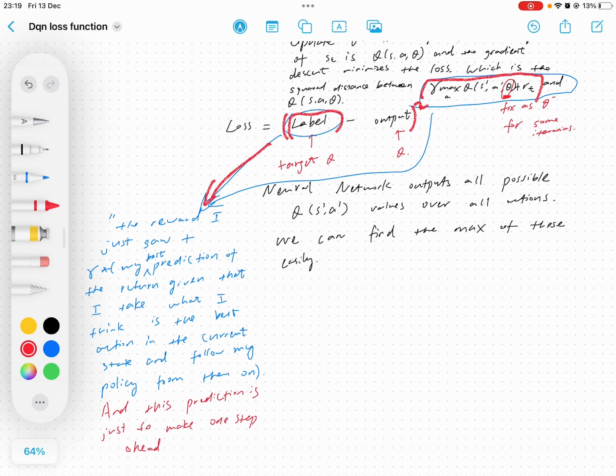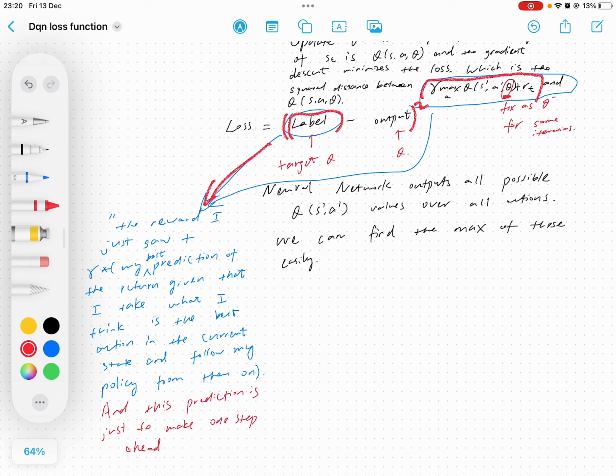So here I'm trying to make the best prediction that I could, using the experience, and follow this policy from then on. Essentially we're trying to make the prediction just one step ahead, not too much, and that'll be enough by definition of this label or target value.